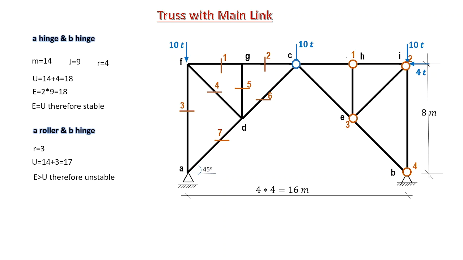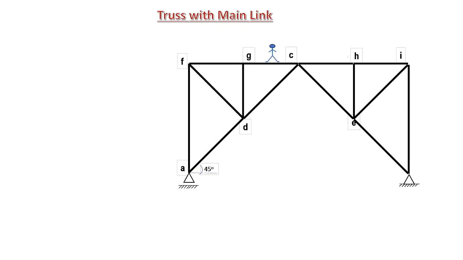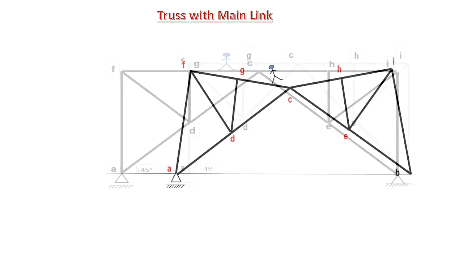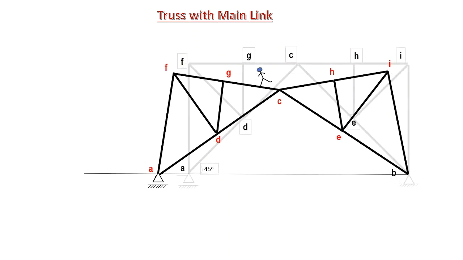Let's see what can happen. We have our unstable truss here. A has the total freedom to move horizontally, and C has a total freedom to move vertically. So the result is a failure of the truss. Collapse of the truss.